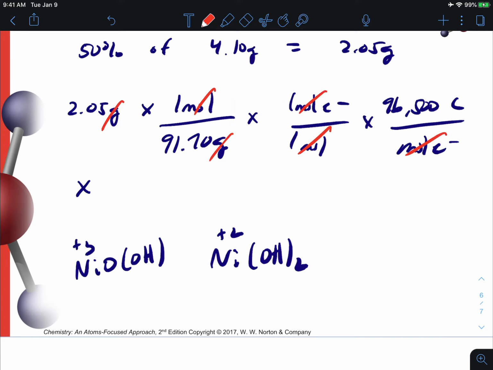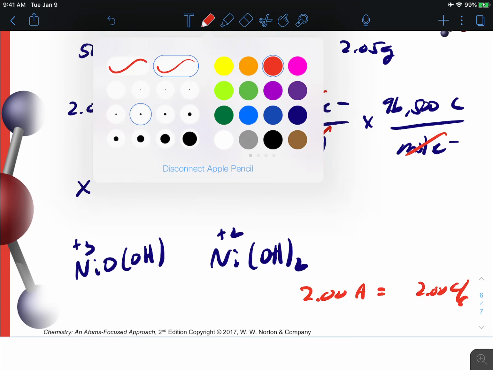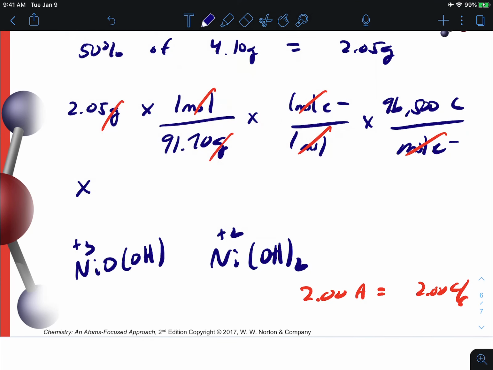I've got coulombs, and I'm interested in this case, time, knowing that an amp is a coulomb per second. So I think we were given 2 amps, which is 2 coulombs per second. So if I divide by that, times 1 over 2.00, and I'm going to write it as coulombs per second. It's amps. Because remember, amp is a coulomb per second.